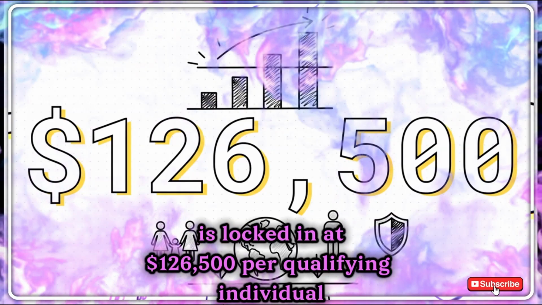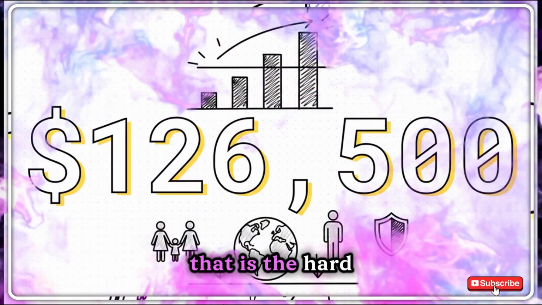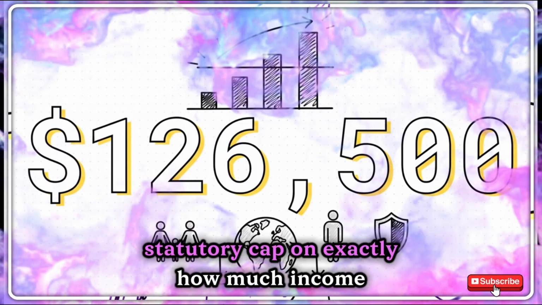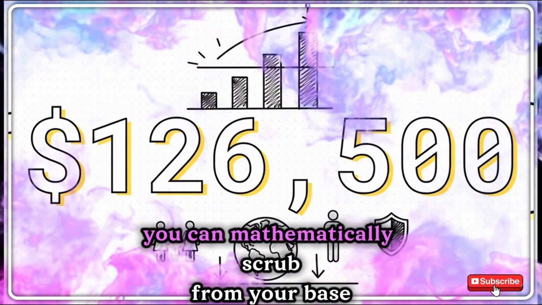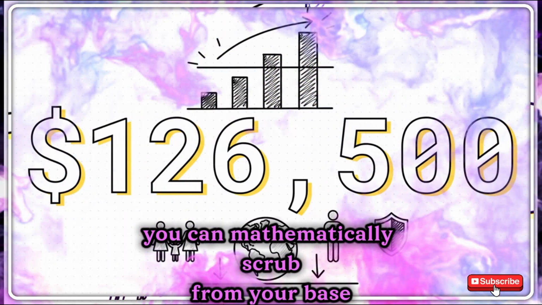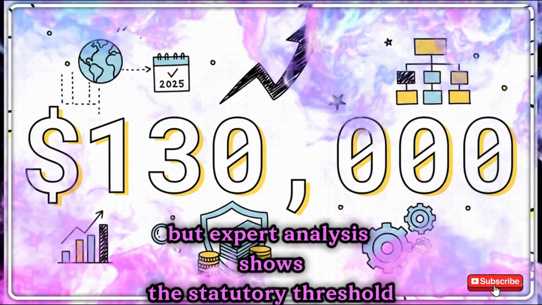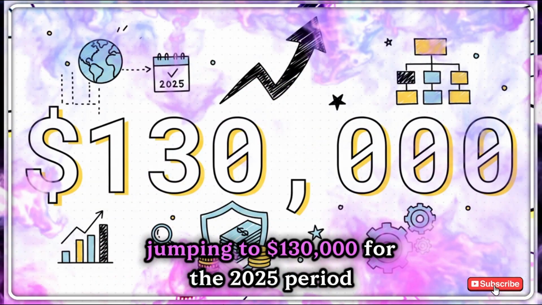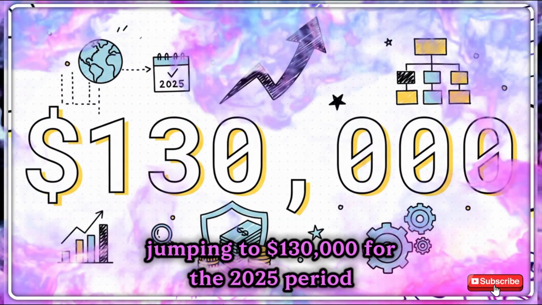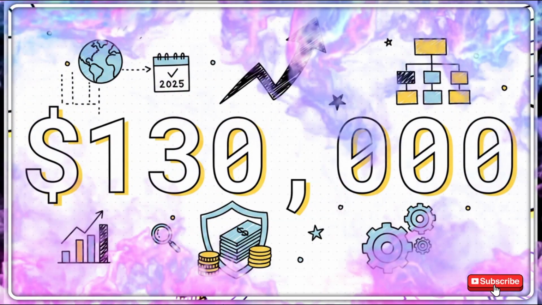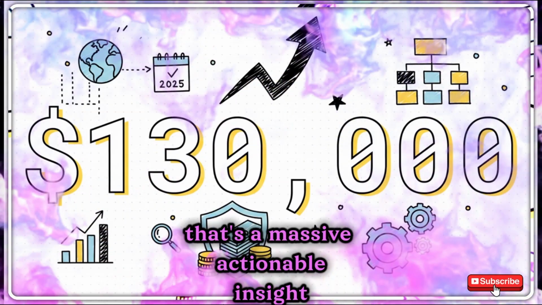But expert analysis shows the statutory threshold jumping to $130,000 for the 2025 period. For your long-term modeling, that's a massive actionable insight. It basically dictates whether you're going to shift your strategy from credits to exclusions in the upcoming year, allowing you to project exactly how much of your foreign earnings will be shielded.